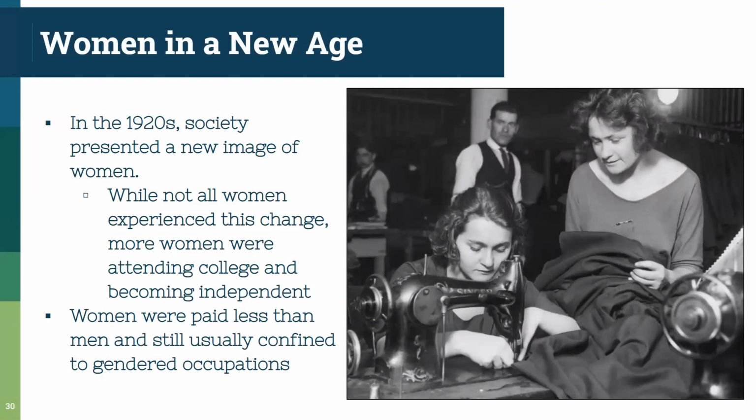So we talked about how women are changing, becoming more independent, and have more political say. However, despite this, women are still paid less than men and still are denied many opportunities in certain occupations.